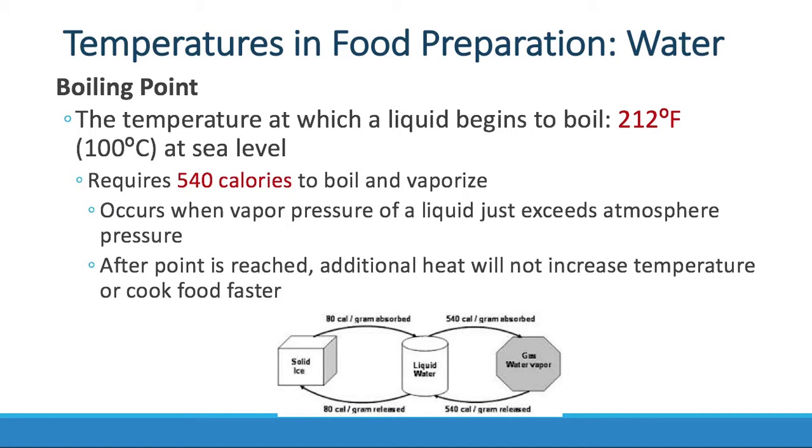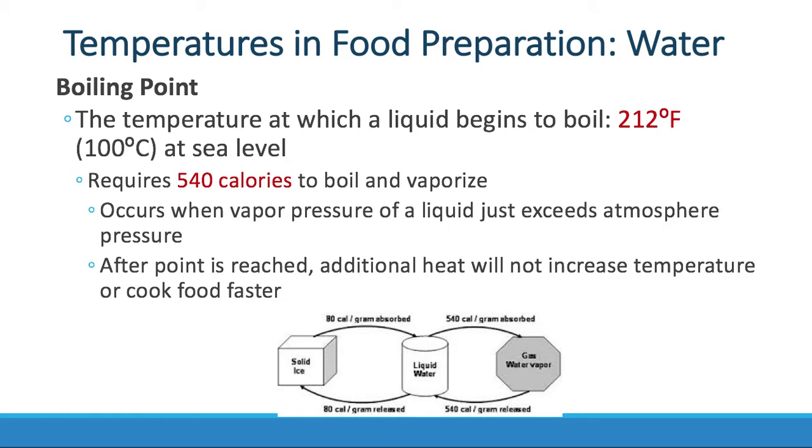In order to go from this liquid state to this gaseous state, we need to add 540 calories per gram. And so at sea level, we have vapor pressure exceeding our atmospheric pressure. Essentially, we have the ability of the water to release the steam.